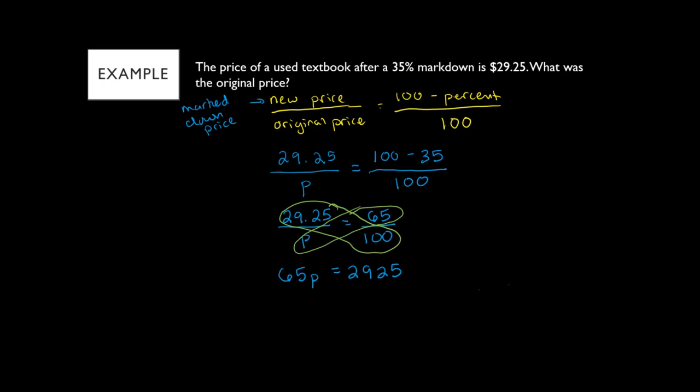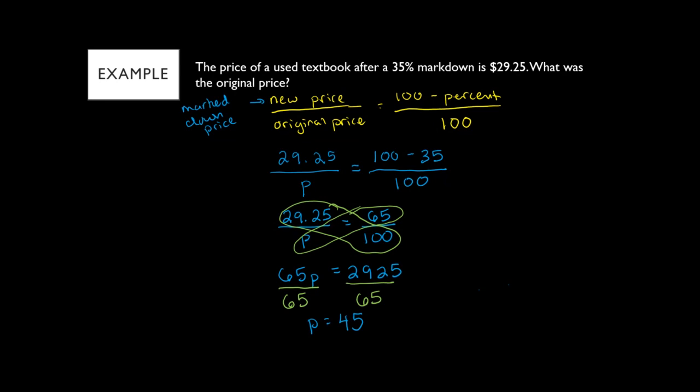And so we're solving for P, so I'm going to divide both sides by 65 since that's multiplied. Okay, and then that comes out to 45 when I've got my calculator.